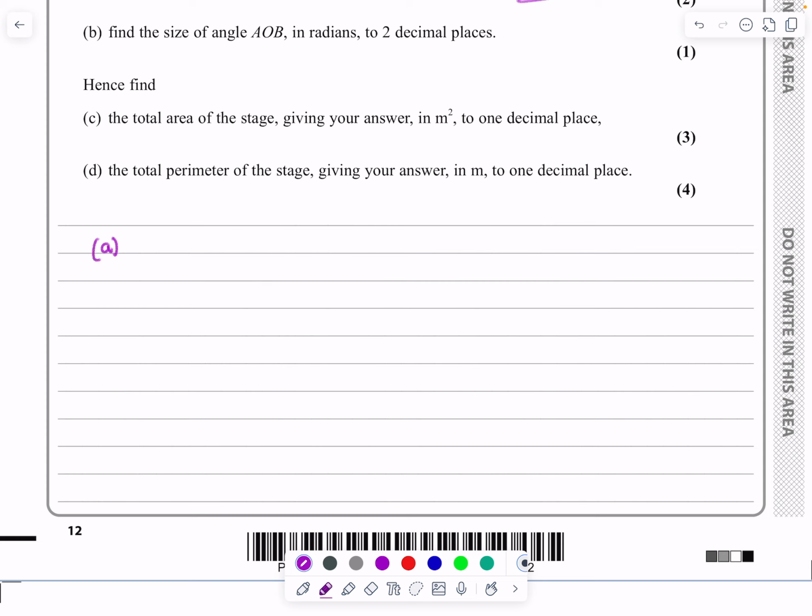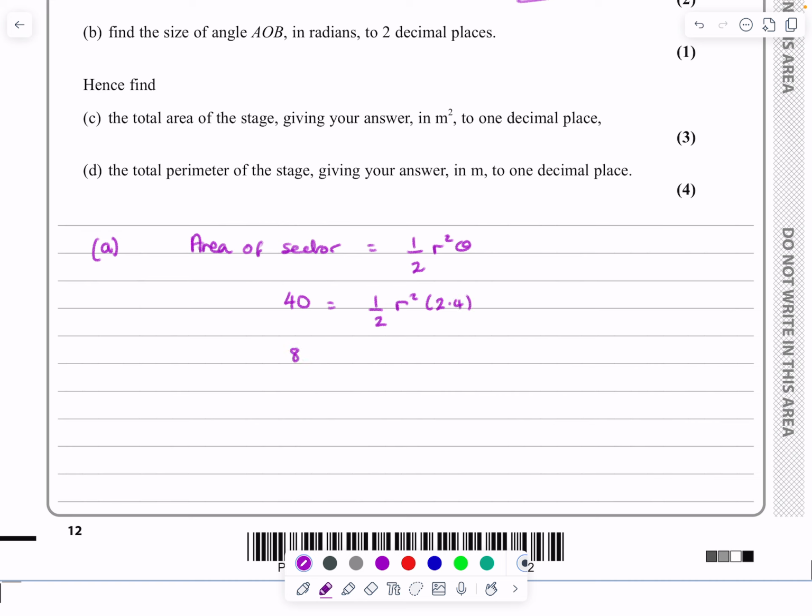So if it's asking me for the area of a sector, I know the area of a sector is equal to a half r squared theta. And in this particular one, we know the answer, which is 40, and we know that the angle is equal to 2.4. So the only thing we don't know is r there, so we can just rearrange all that.